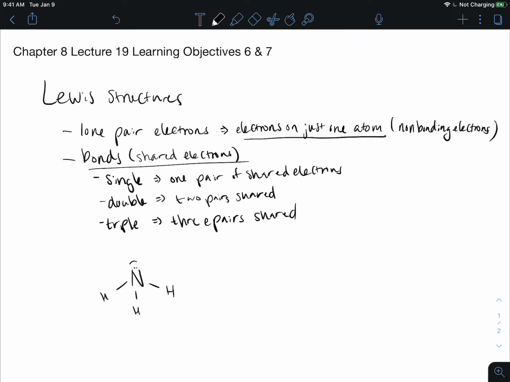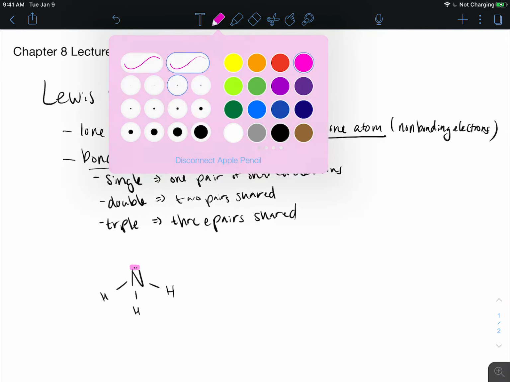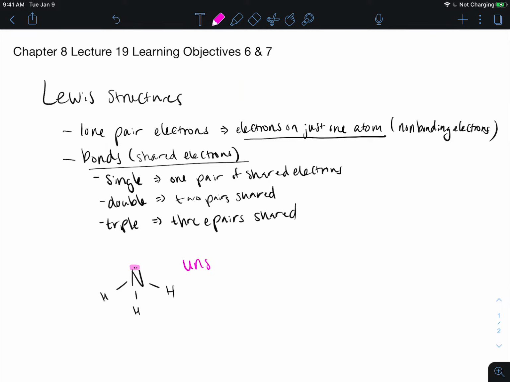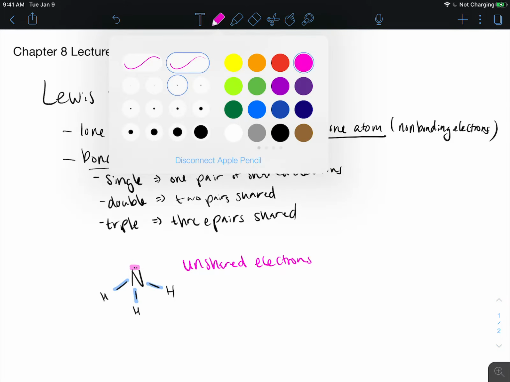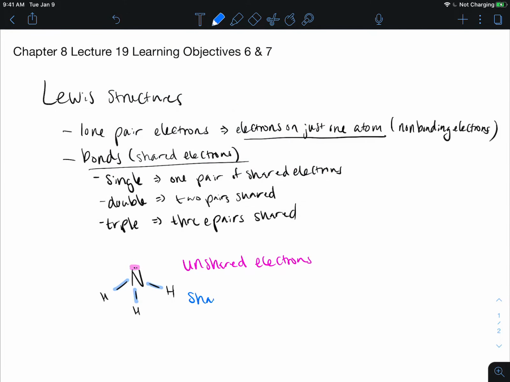we have, actually, these right here are our unshared electrons, so those non-bonding. And then these right here are the shared electrons.